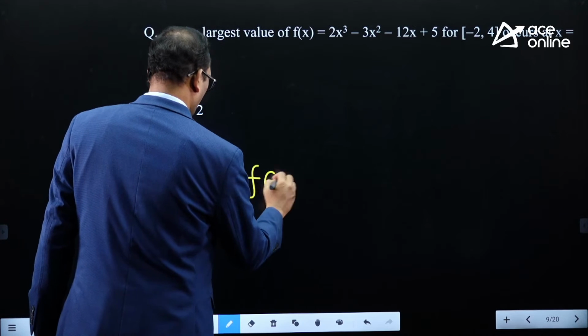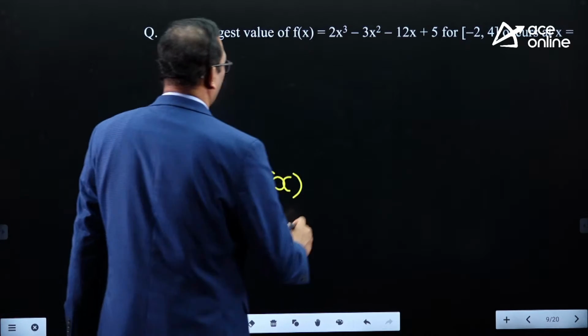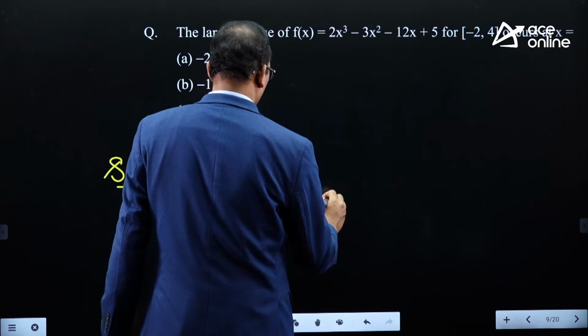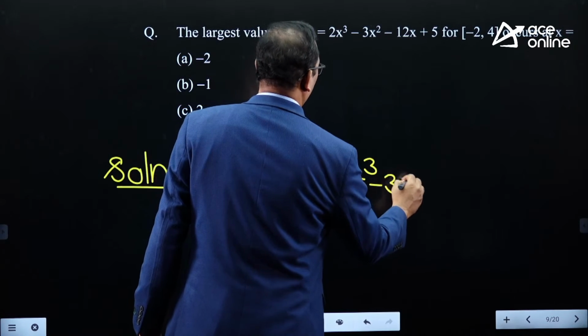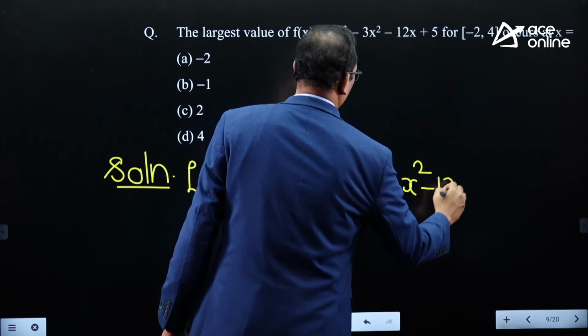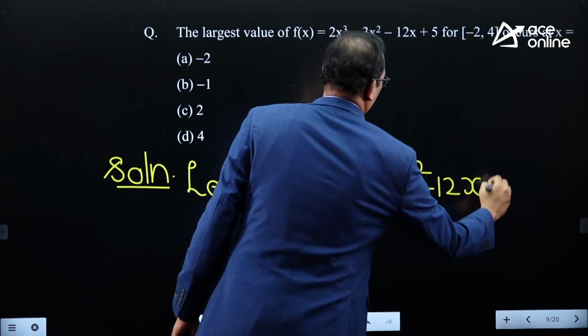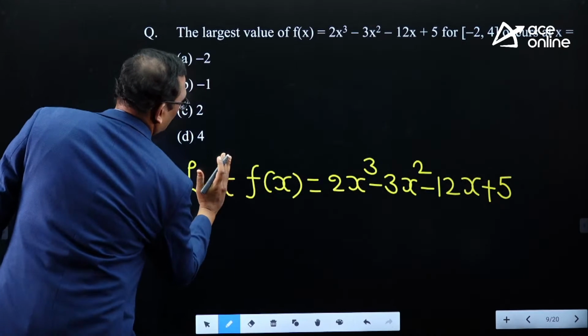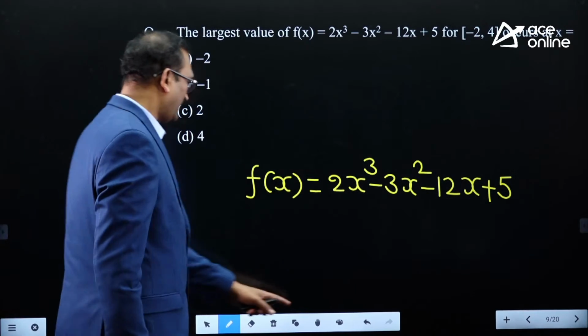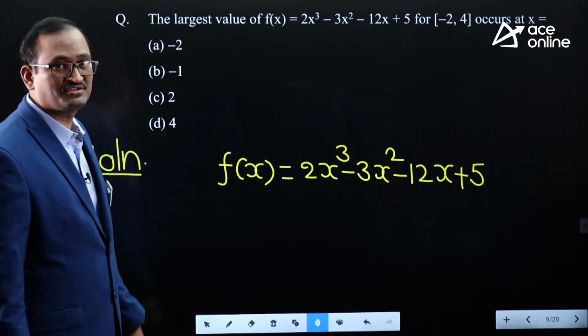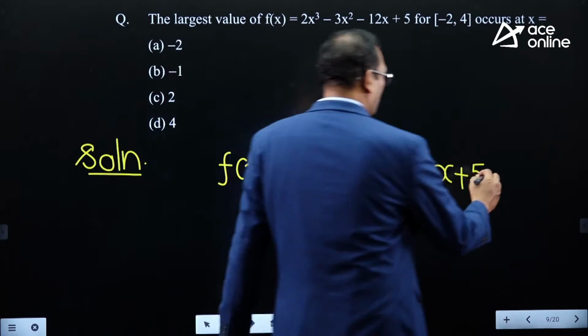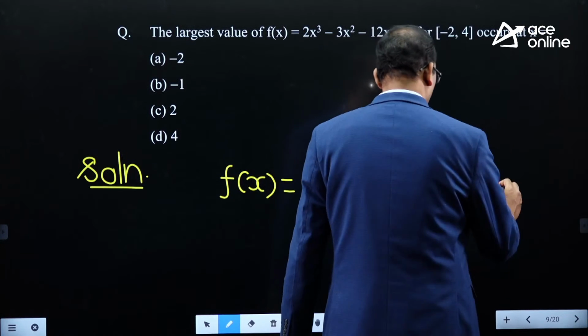Let the given function f of x be 2x cube minus 3x square minus 12x plus 5. So find the critical points of the function 2x cube minus 3x square minus 12x plus 5, interval minus 2 comma 4.